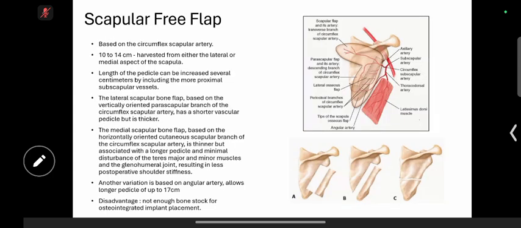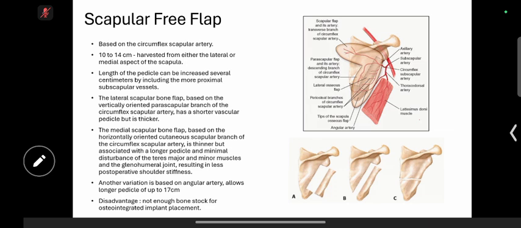Next is scapular free flap. It is based on the circumflex scapular artery, as we can see in this image. A total of 12 to 14 centimeters can be harvested from either the lateral or medial aspect of the scapula. The length of the pedicle can be increased several centimeters by including the more proximal subscapular vessel.